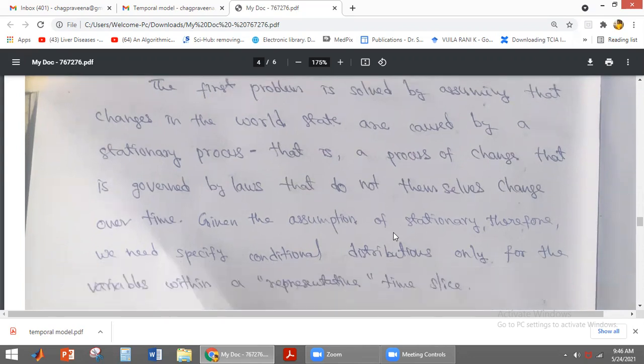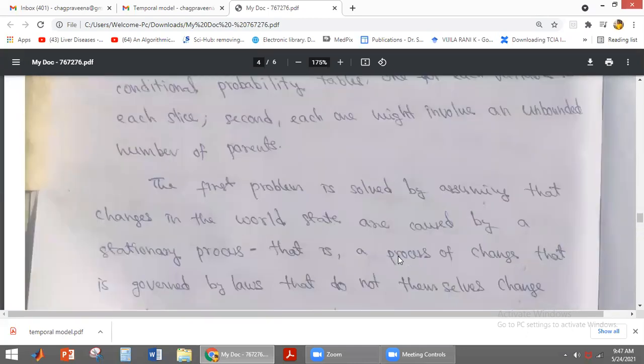Given the assumption of stationarity, we need to specify the conditional distribution only for the variables within a representative time slice. We specify conditional distributions for variables only in the given representative time slice. So like this, we solve the first problem.